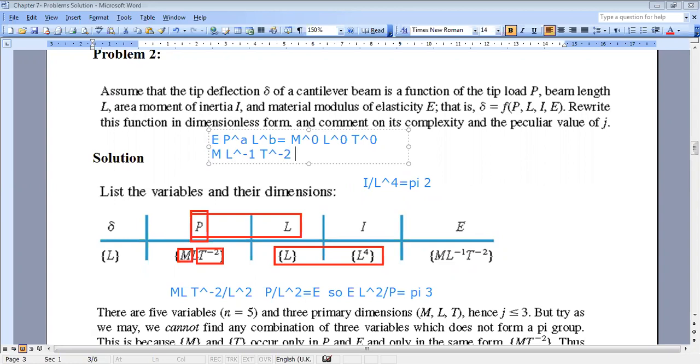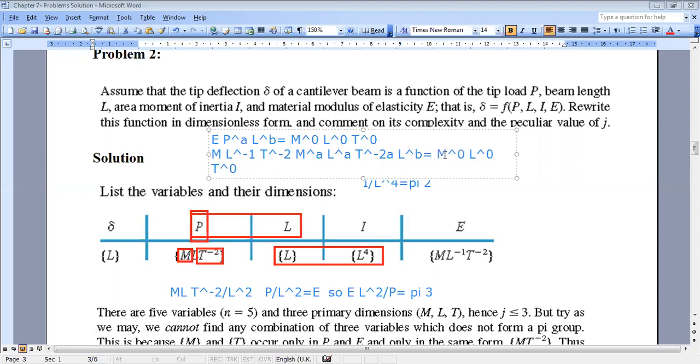And for P you have MLT minus 2, so it's M to the power a times L to the power a times T to the power minus 2a times L to the power b equals M0 L0 T0. Okay, this is your equation.